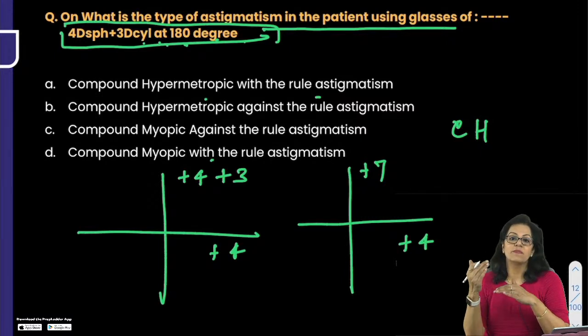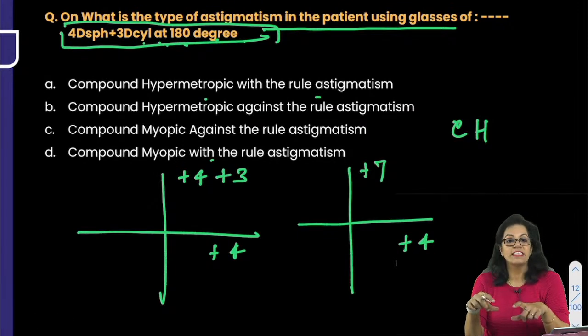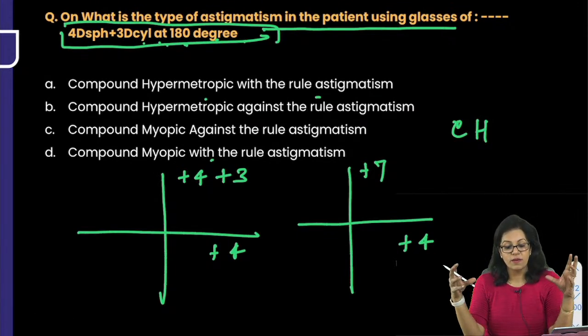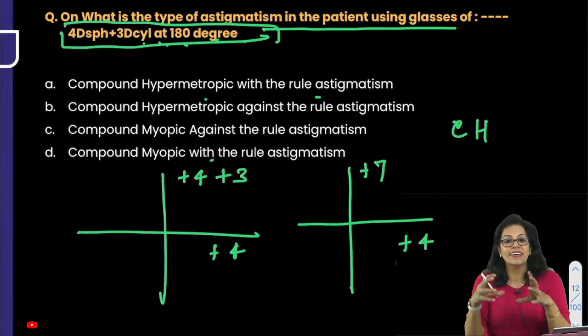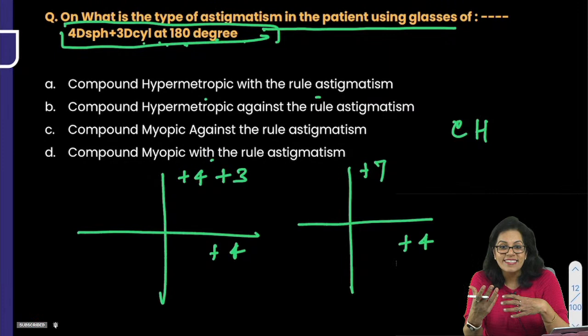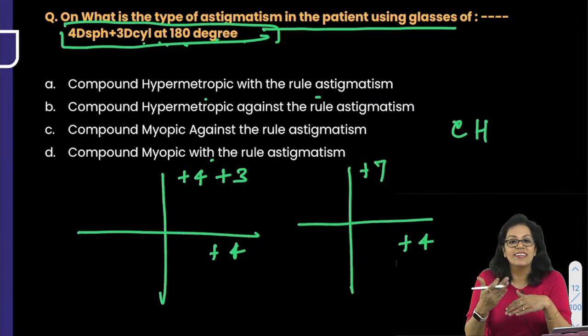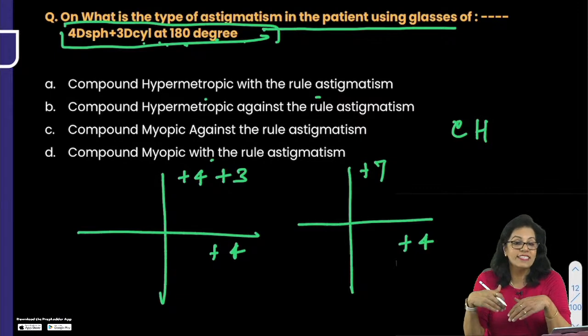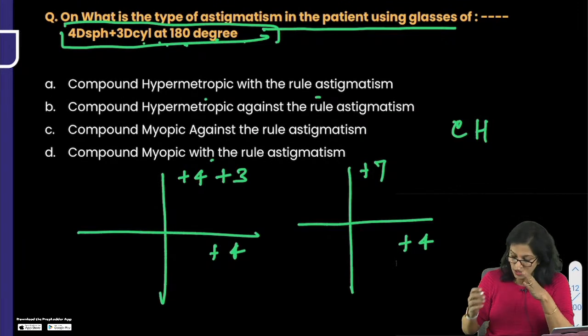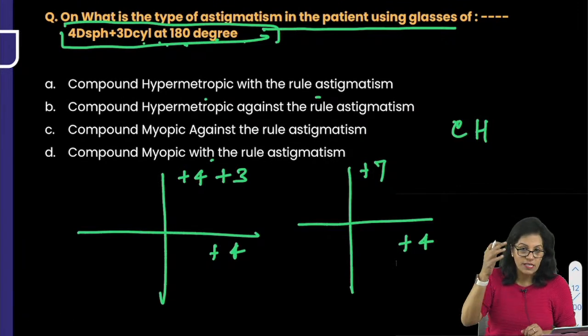We denote myopia with minus because we are using a concave lens and we are trying to say how much I have to decrease to focus on the retina. And how much I have to increase to focus on the retina? Hypermetropia is indicated as plus, isn't it? So when we say plus, it is hypermetropia, it is less power.